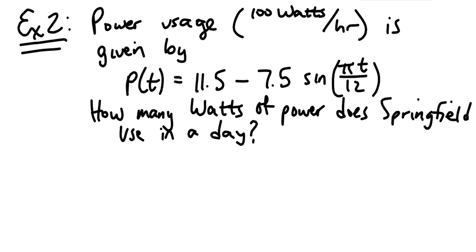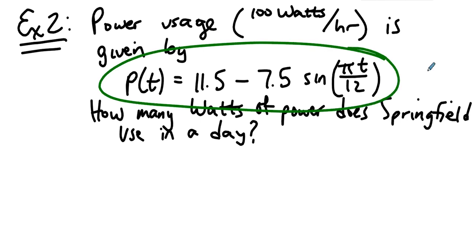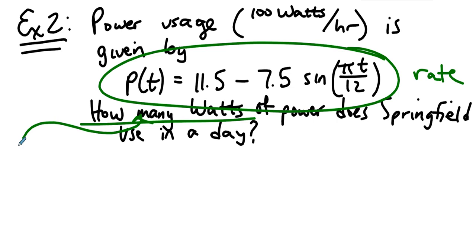So this is a rate, but this is an amount. So when we want to convert from a rate to an amount, that involves an integration. We've got to remove a factor of time, and integrating with respect to time removes that factor of time.